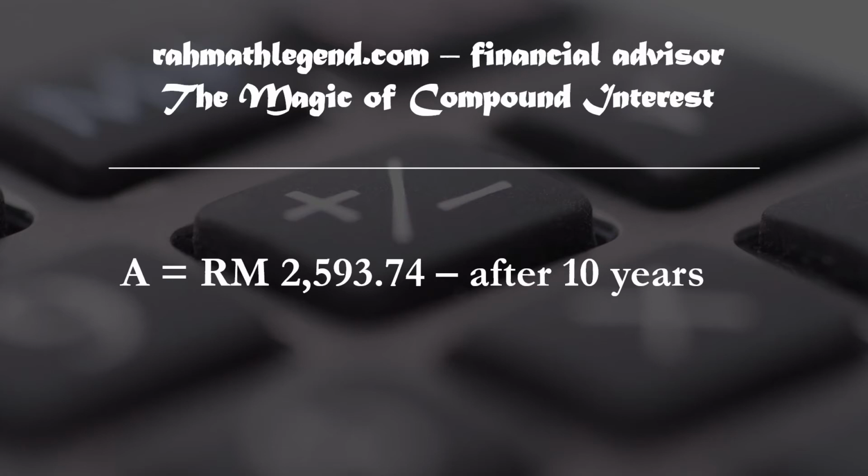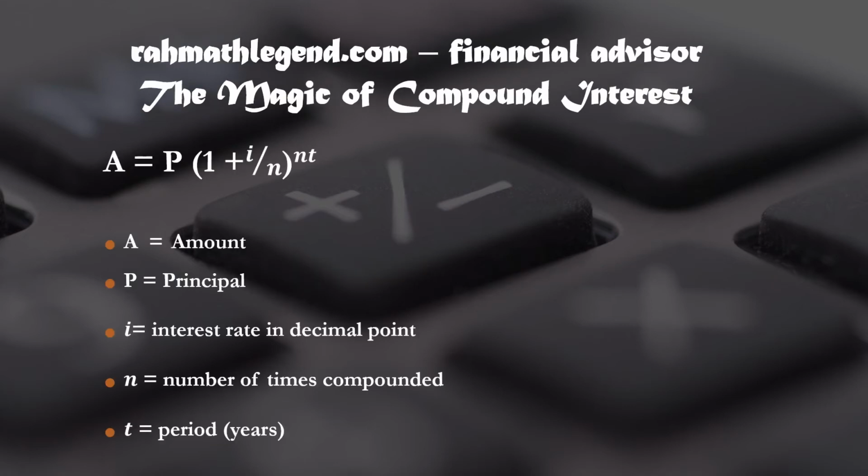So if you go back to this formula, right? Let us go back to the formula. All right. A equals P times 1 plus I over N to the power of NT. So if you want to receive more after 10 years, you either increase your principal amount from 1,000 to whatever amount that you want to invest, or you look for a financial instrument that gives you more than 10%, right?